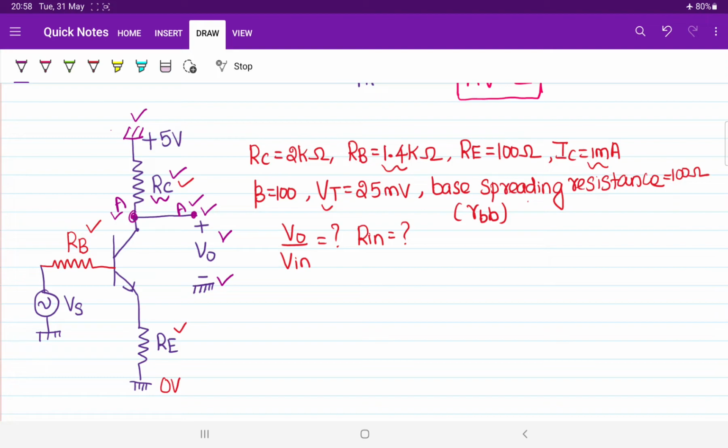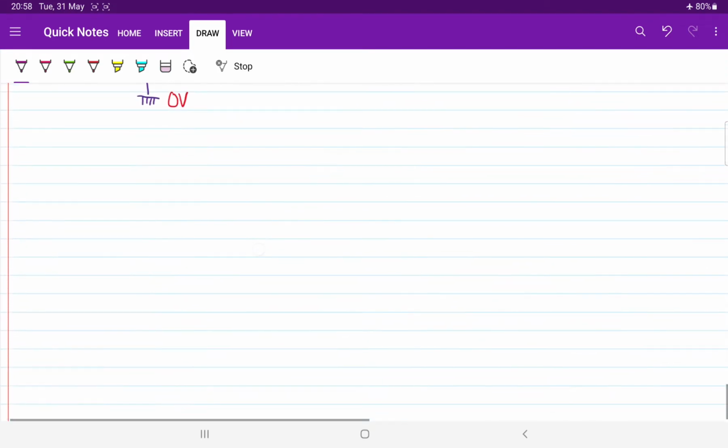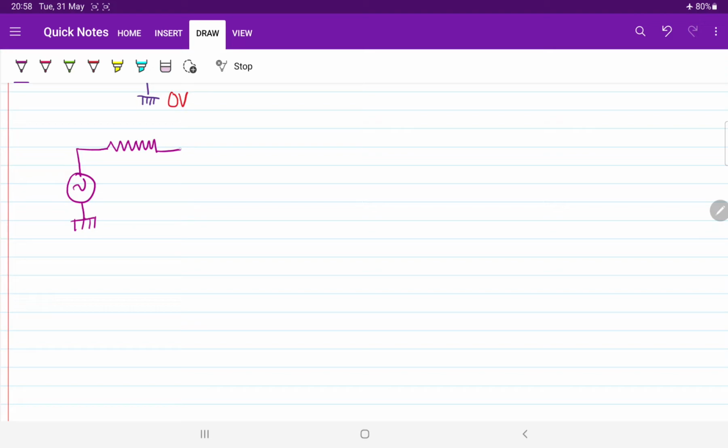And you know how to draw the equivalent circuit of the transistor. Let me go with the re model once again to let you understand this circuit easily. Take the AC supply from the input side, then it is connected to the base resistor. Then they have also given one more resistor, the base spreading resistance RBB. I told you to connect it in series.